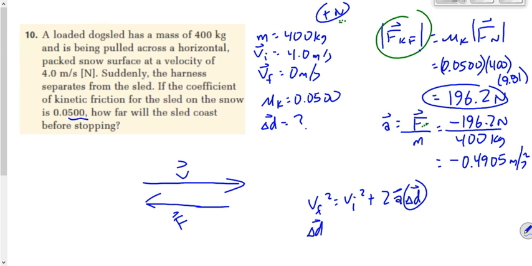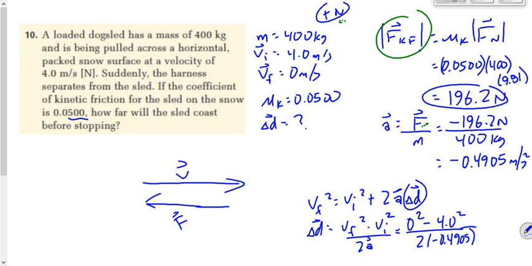I get VF squared minus VI squared over 2 times A. So what does it become? 0 squared minus 4.0 squared over 2 times negative 0.4905. 16 over 0.981, going to give me 16 point something. 16.1, 16.2? 16 even? Okay. The 2 digits, I guess it would be 16 anyways, right? Regardless of what the decimal place is.